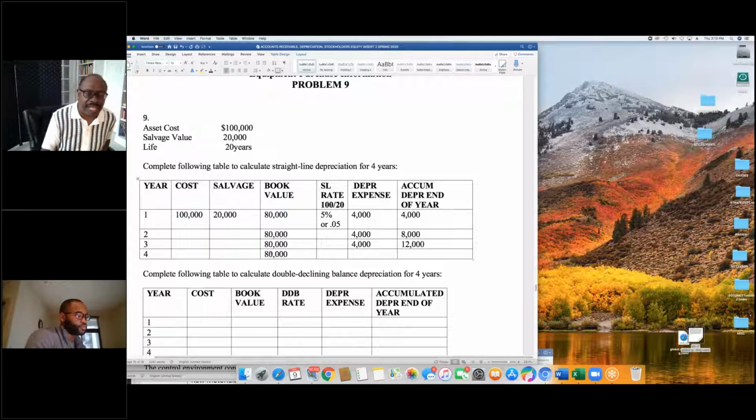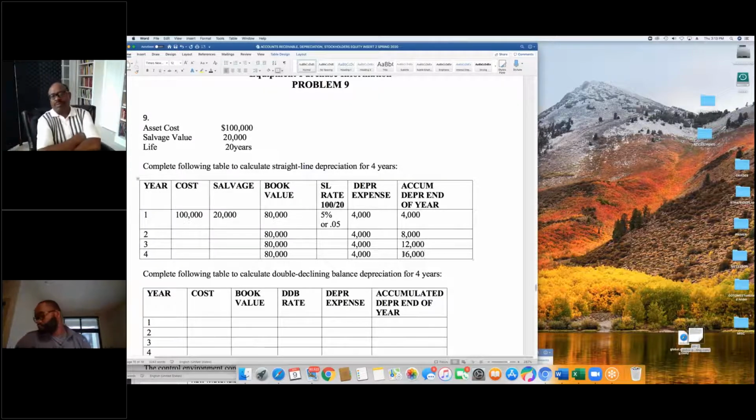That's the straight line. What's our accumulated balance now? 16,000. Yes. That's all it is. Any questions?